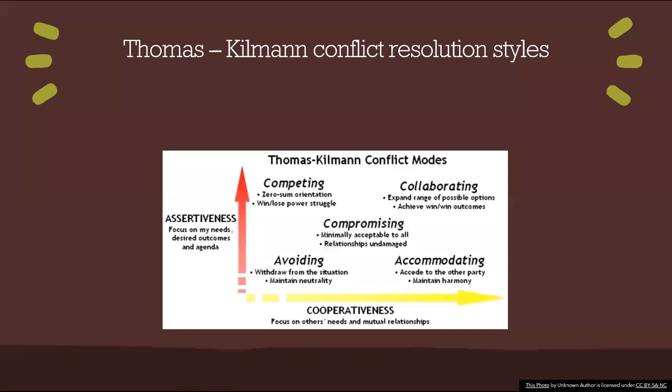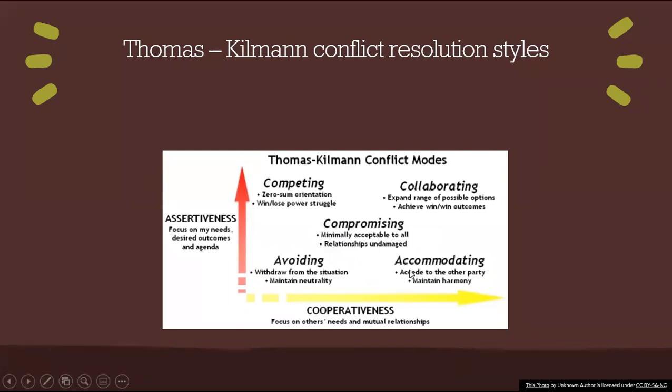They list five styles of conflict resolution. Avoiding here means that the party, instead of facing and solving the situation, withdraws from it and tries to avoid any conflict possible.